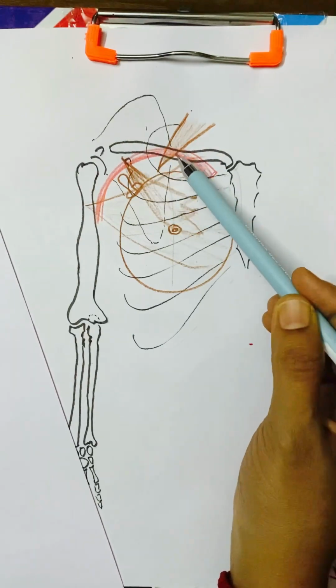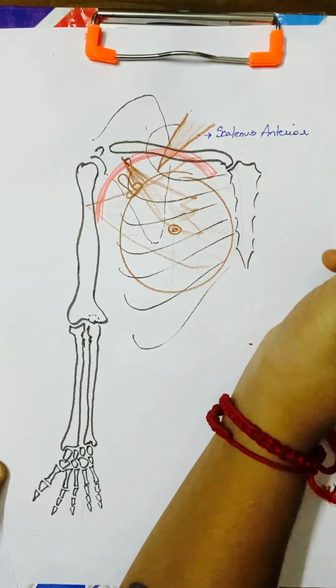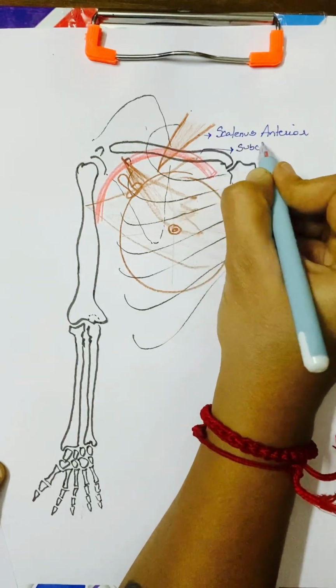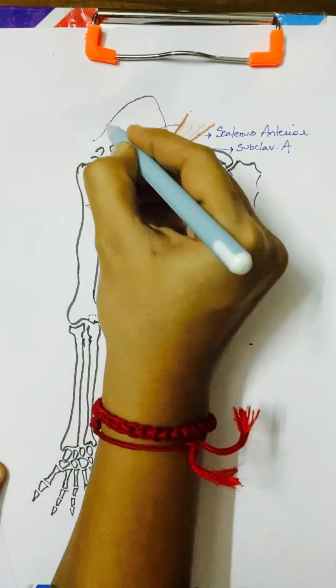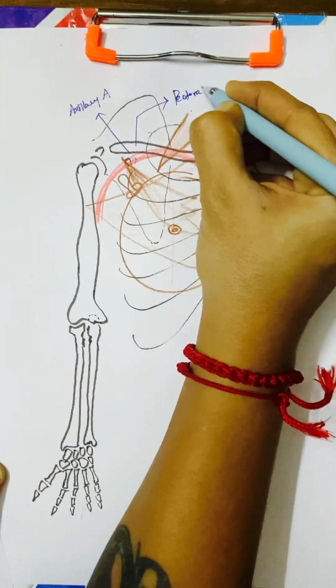So this scalenus anterior divides subclavian artery, whereas the axillary artery is divided by pectoralis minor.